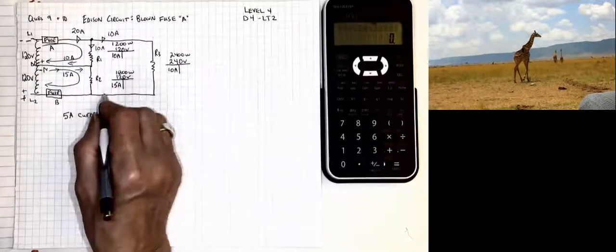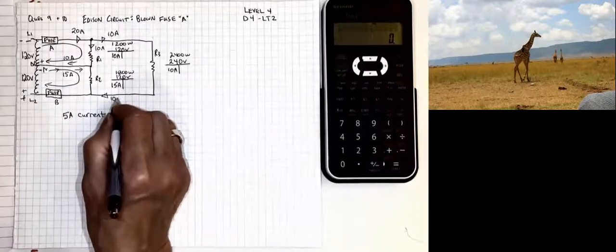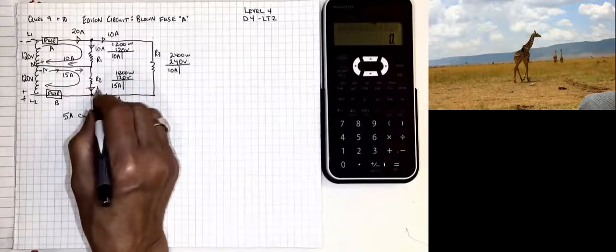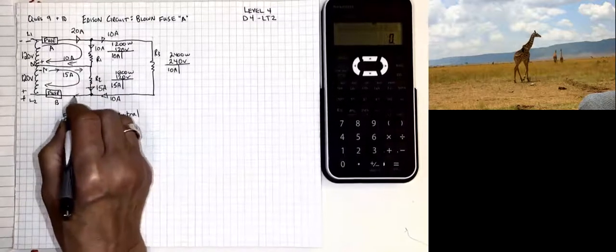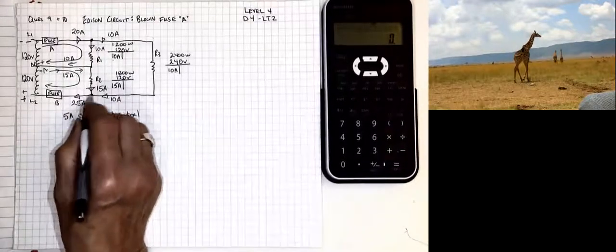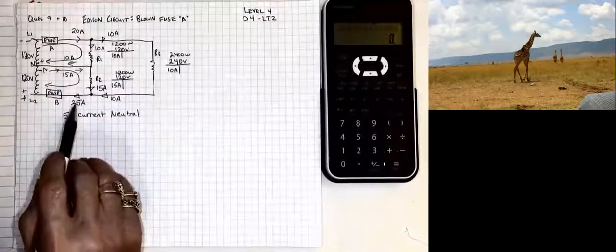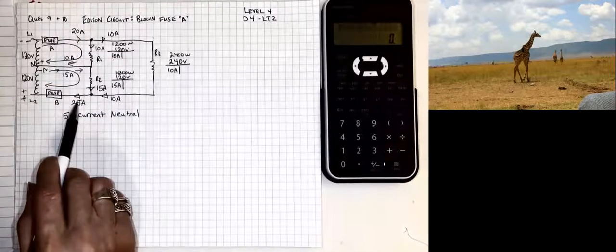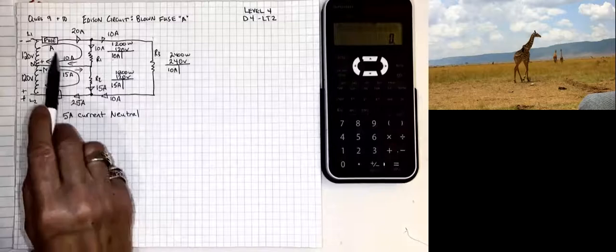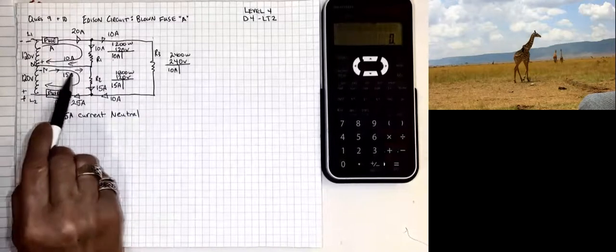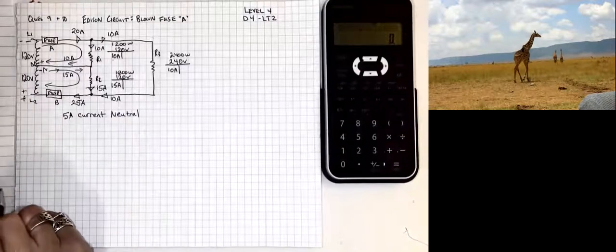This 10 amps coming back will join the 15 amps coming around in this loop. And flowing back, we have 25 amps out of that node. You'll notice that there's 20 amps flowing out there, 25 flowing back. We're missing 5 amps going out, and that 5 amps then we know is going that direction.